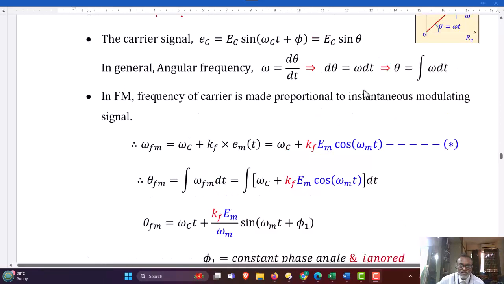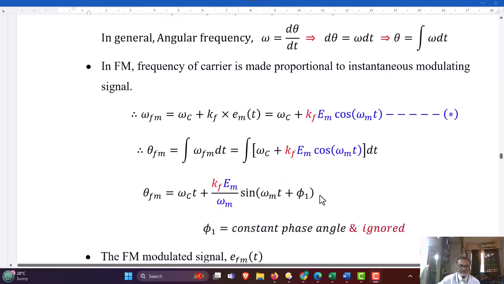Therefore, from the expression of theta above, theta FM is nothing but the integral of omega dt. Now put the value of omega as omega FM. So the integral of omega FM into dt is theta FM. Substitute the value from the above expression in the integral and solve the integral.